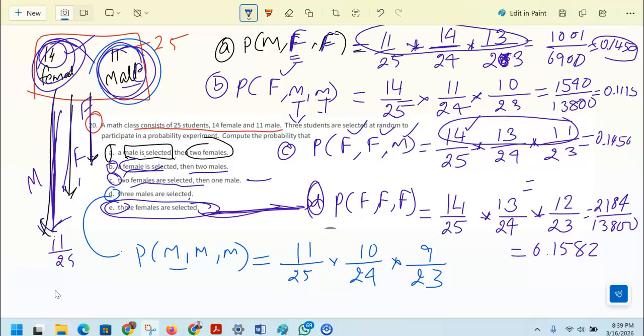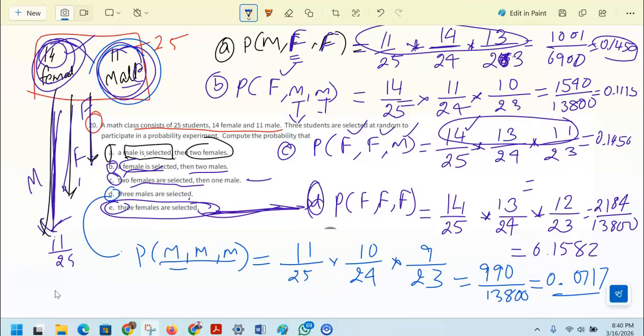Again one is gone, 9 is remaining. So I think you end up getting 990 divided by 13800. So this answer is a very small probability, 0.0717. And you're done. So I hope that makes sense.